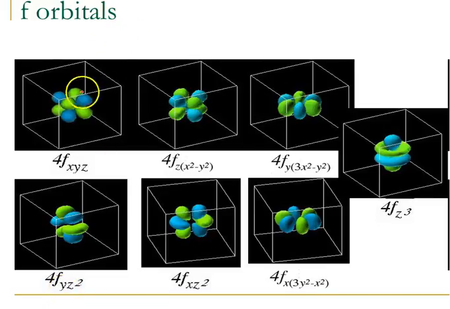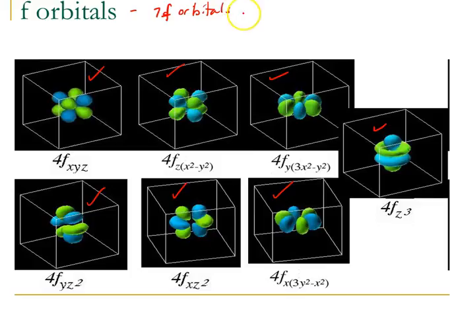And we have f orbitals. We've got 1, 2, 3, 4, 5, 6, 7. So there are 7 f orbitals per f sublevel. I'm sorry, f, my mistake.